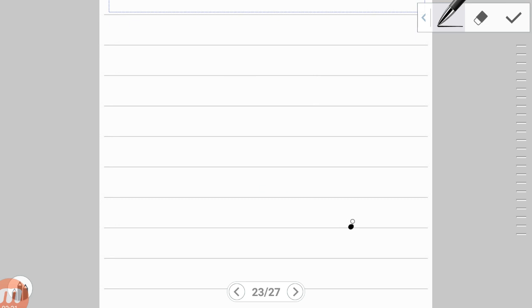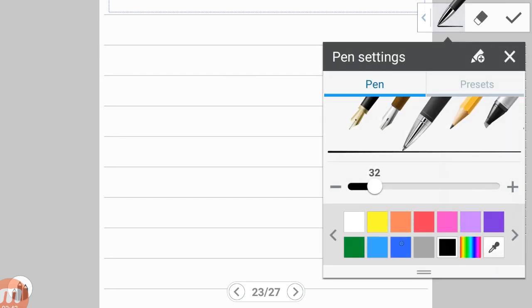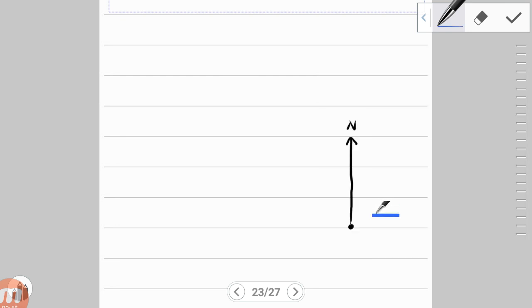I would start with a north line, because as an object moves, a north line needs to be established. Then we're going to need a couple of guidelines that will come in very handy later in the question when it comes to dissecting the major angles or the major bearing.